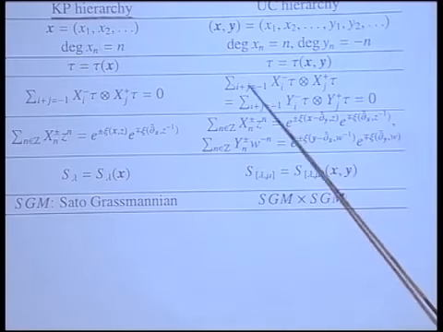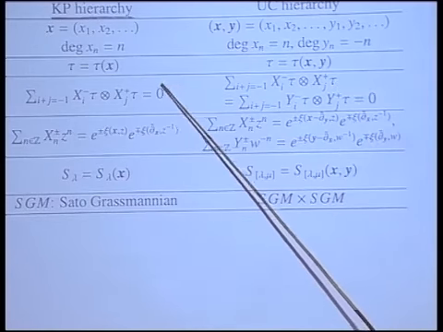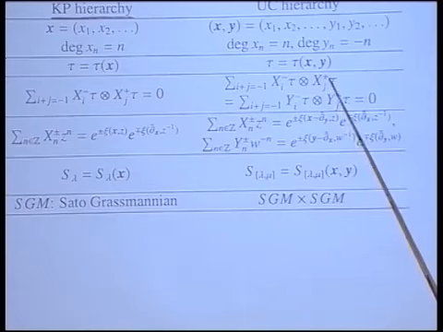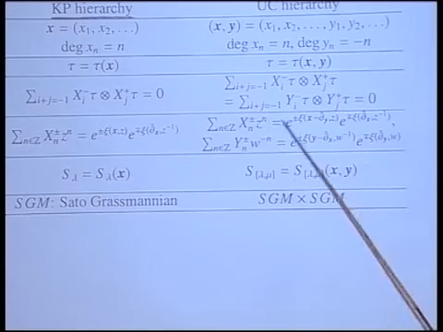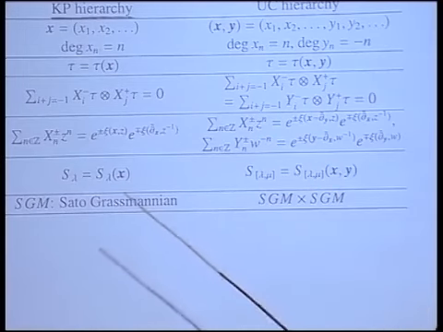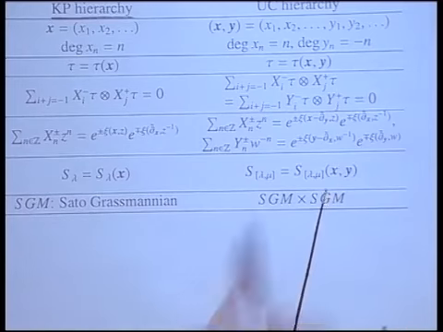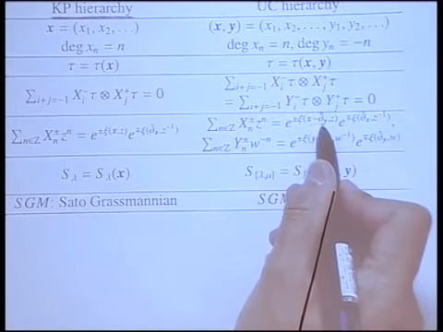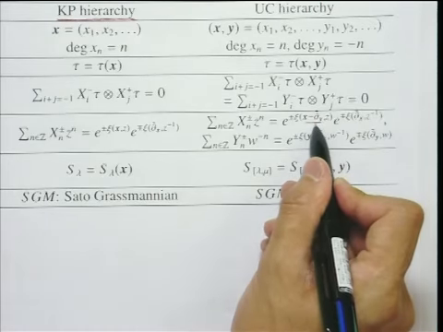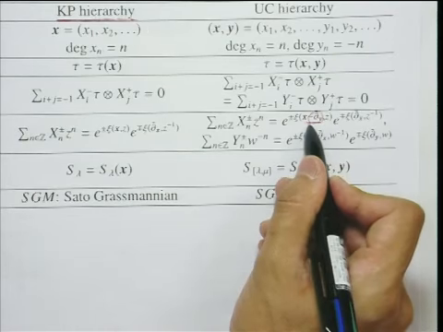So the first equation is quite similar to the original KP hierarchy, but please look at this definition of the X operator. Here we added an extra y derivative on the exponential function.